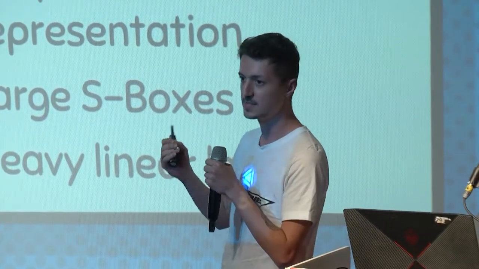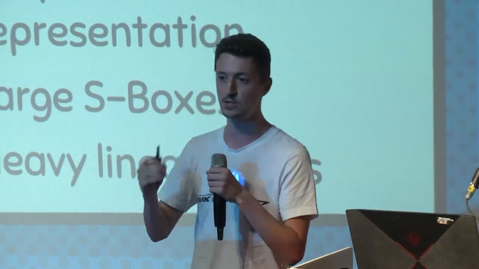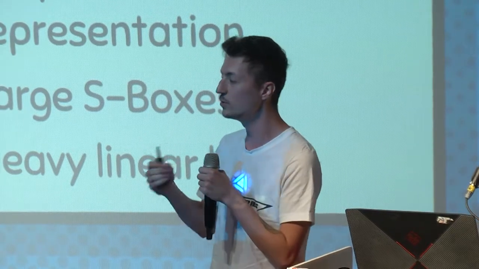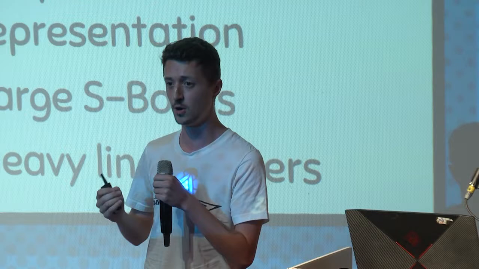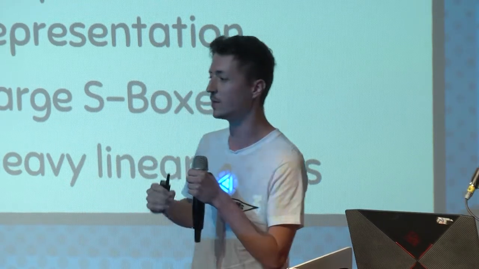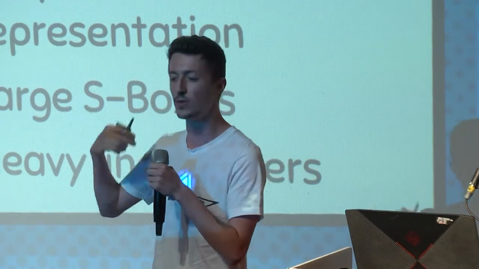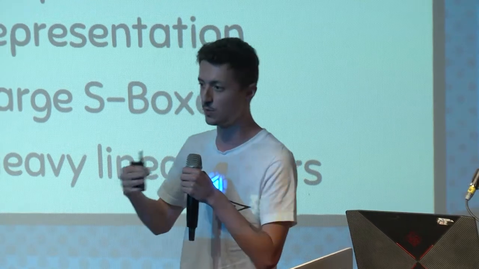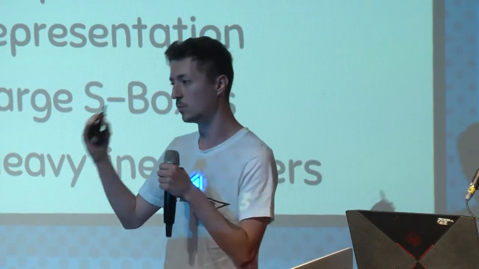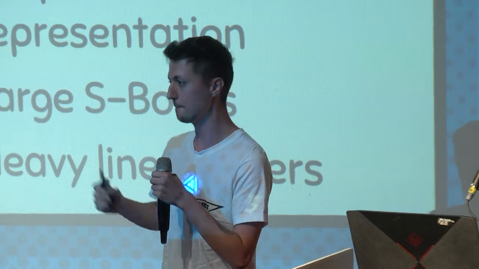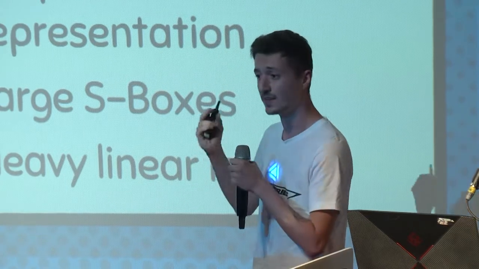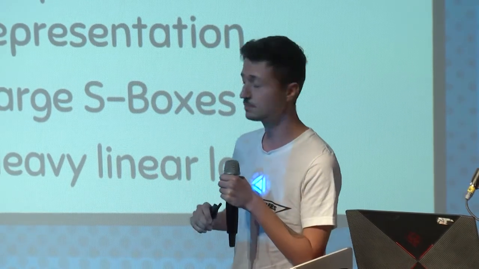As a result, it's better to use large nonlinear layers, large S boxes. Because if I use the function x cube over F2 to the 9, or I use it over F2 to the, let's say, 1025, the cost is roughly the same. It's one polynomial of degree 3, but of course the cryptanalytic property is just increased.